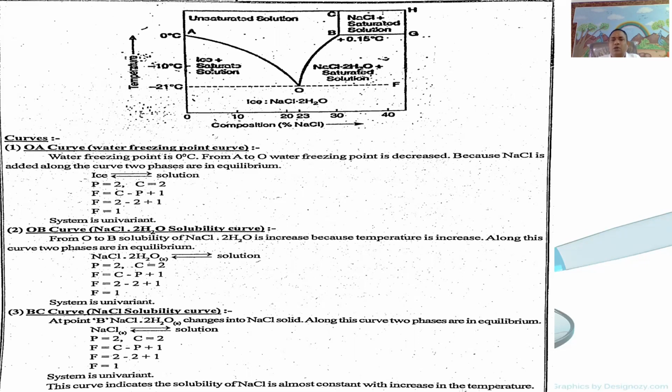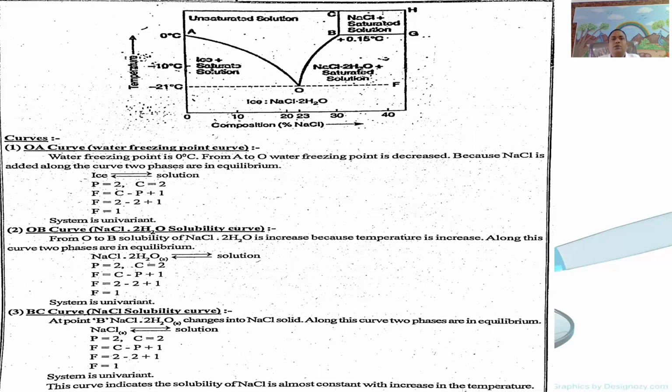Cryohydric point means the point at which the three phases of the salt water system exist in equilibrium. Here at the eutectic point or cryohydric point, the temperature is minus 23 degrees centigrade and the composition is 52% of potassium iodide.